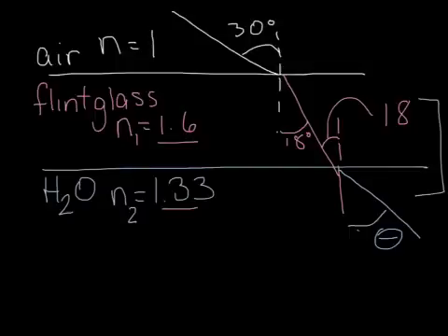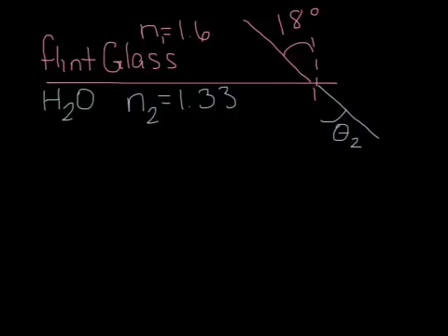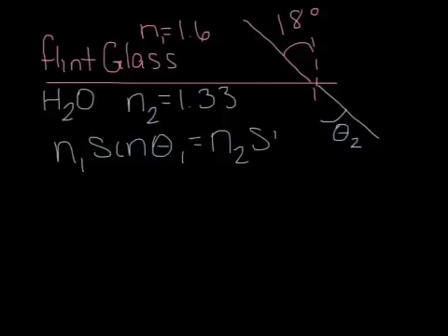Okay, so what do we know? Figuring it out, this is what we know. We know flint glass N1 is 1.6. It is impacting the surface between the water and the glass at 18 degrees. So we need to find that theta 2. Back to our equation. N1 sine theta 1 equals N2 sine theta 2.